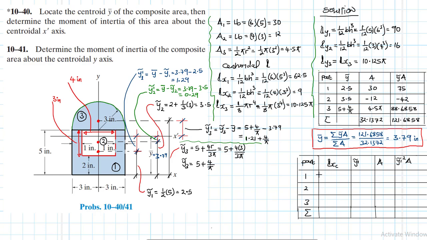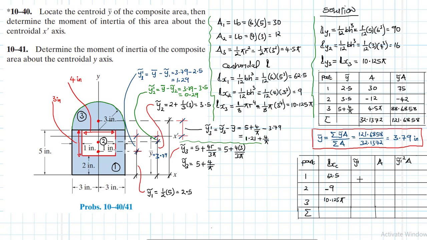Then moment of inertia about the x-axis. Centroidal for part 1 is 62.5. The second one was 9. Mind you, it has to be negative, don't forget. The third one we said is 10.125 pi.